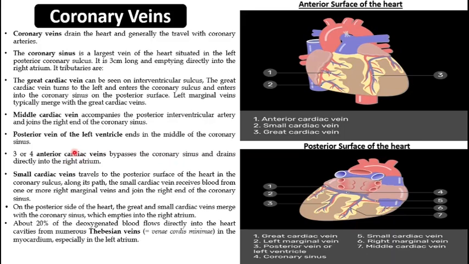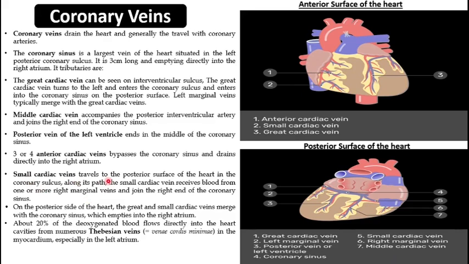So the right atrium receives deoxygenated blood by the coronary sinus and also directly by the anterior cardiac veins. 60% of the deoxygenated blood received into the right atrium is by the coronary sinus and 40% by the anterior cardiac veins.